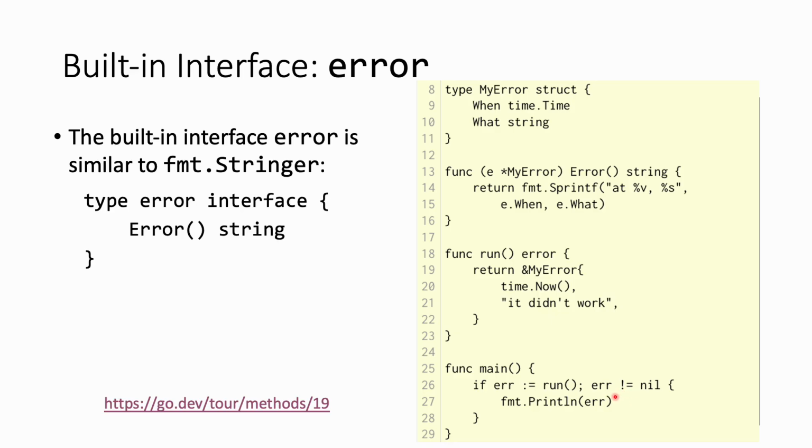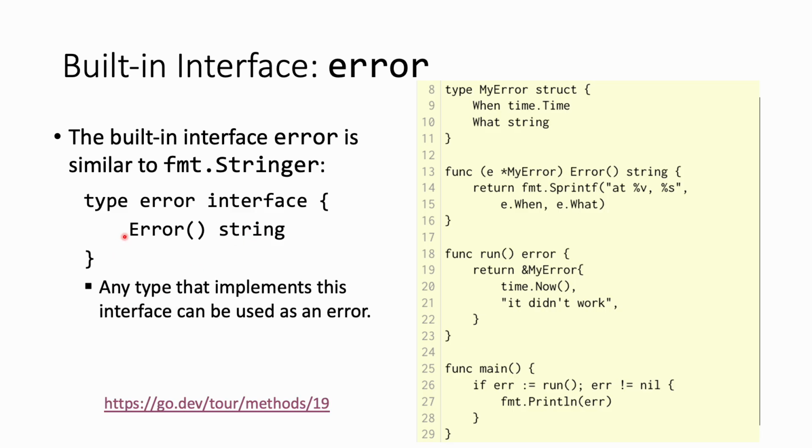The built-in interface error is defined similarly to the interface fmt.Stringer. It has only one method signature named Error that takes no argument and returns a string. Any type that implements this interface can be used as an error.